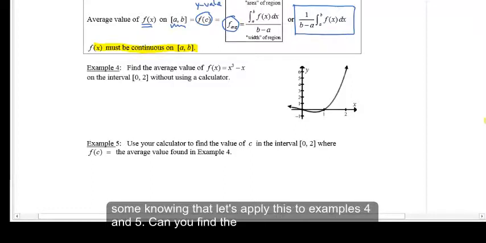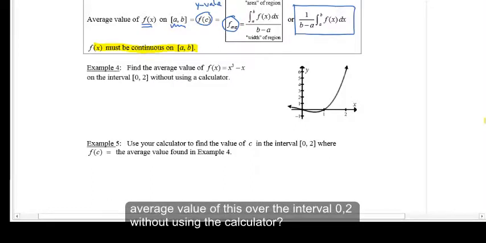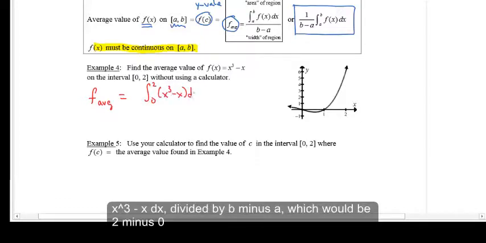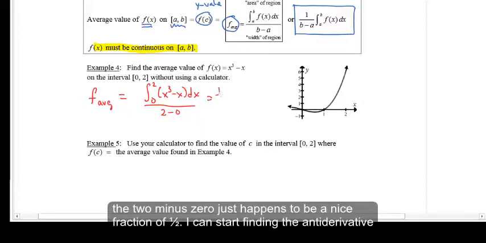I've got a function here. Can you find the average value of this over the interval 0, 2 without using the calculator? Meaning f average will be equal to the integral from 0 to 2 of the function x cubed minus x dx, divided by b minus a, which would be just 2 minus 0. That 2 minus 0 just happens to be a nice fraction of 1/2.